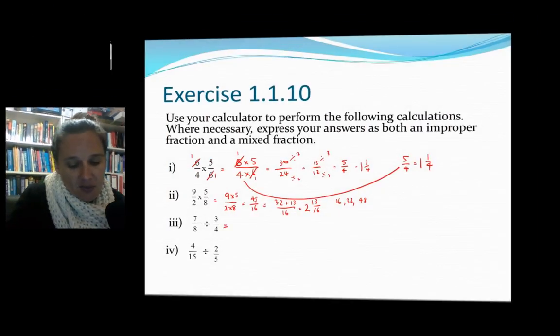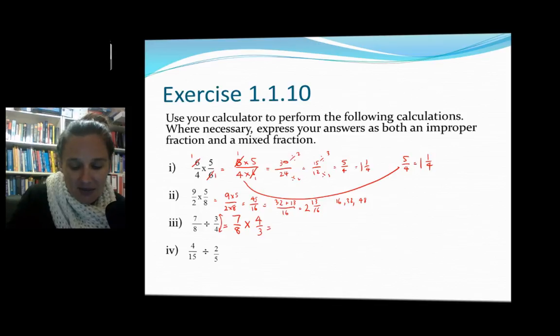For question 3, here we have a divide. So we're going to keep our first fraction the same. 7 over 8 stays the same. Our divide becomes a multiplication. And we invert, we find the reciprocal of, or we flip this 3/4, so that becomes 4 over 3.